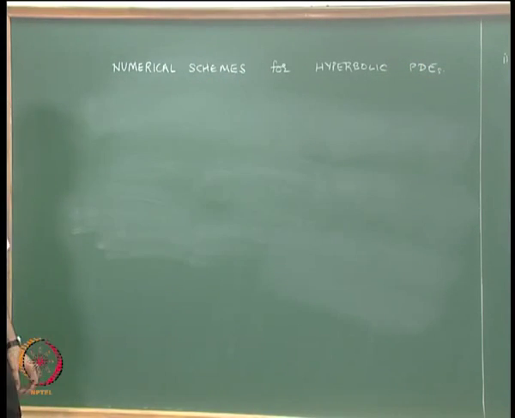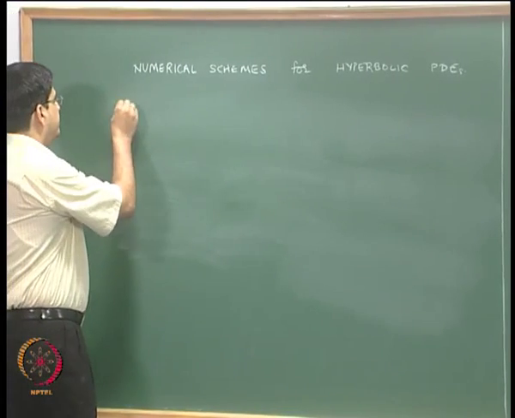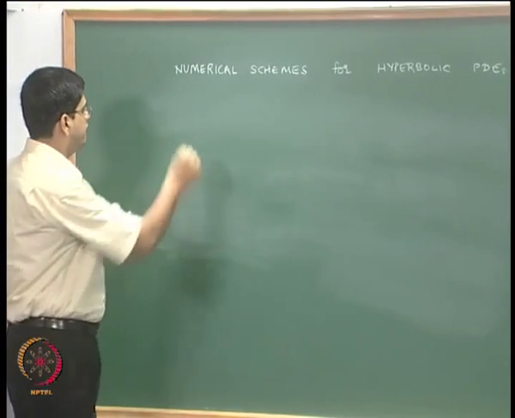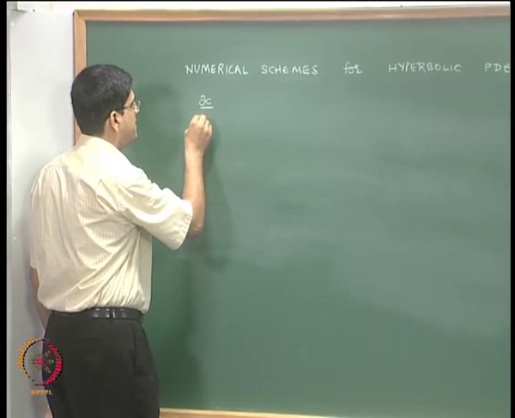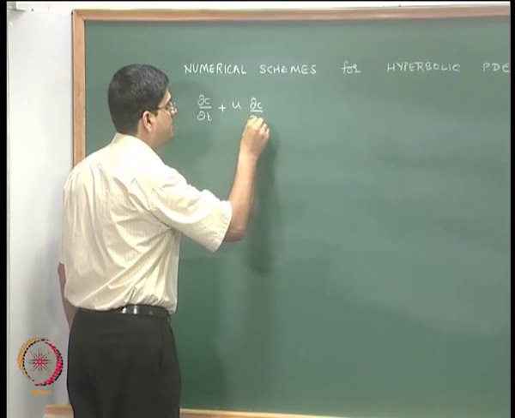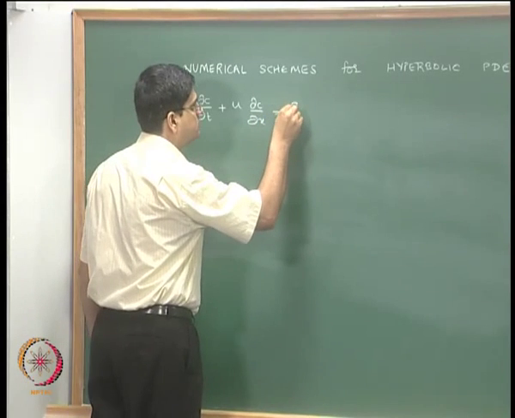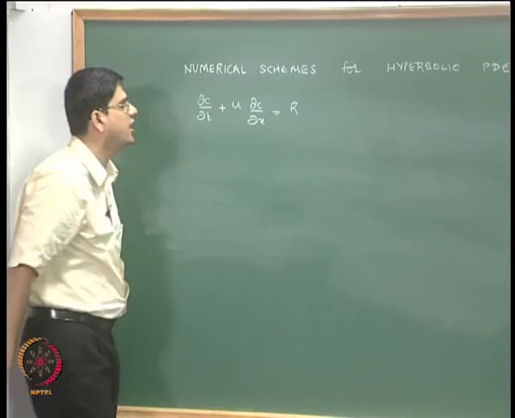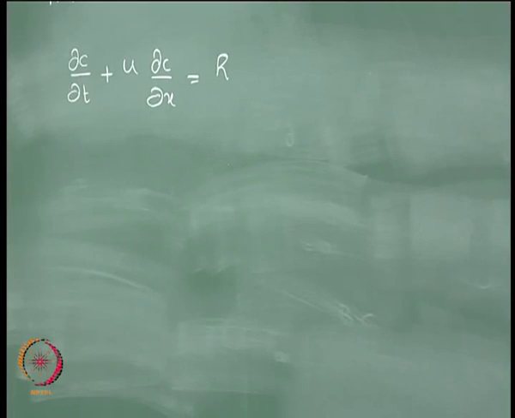Okay. Now the hyperbolic PDE we had written in the form partial c by partial t plus u partial c by partial x equal to some r, which is a function of concentration c. Okay.